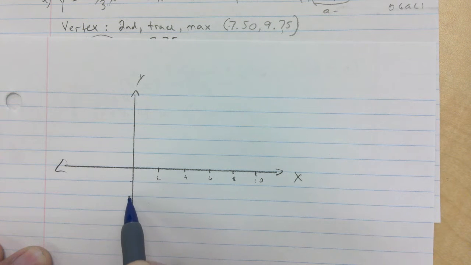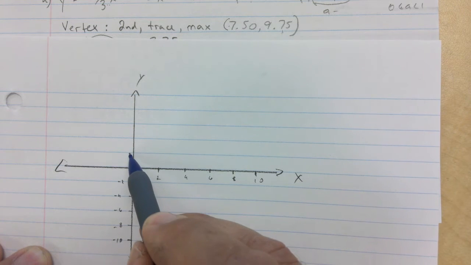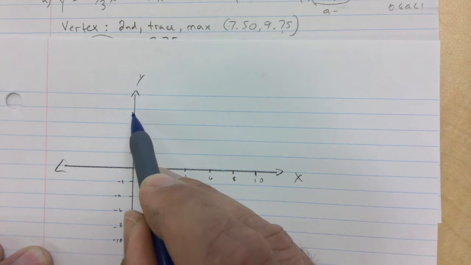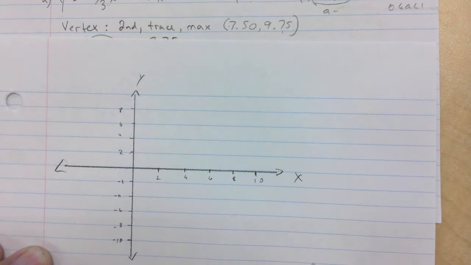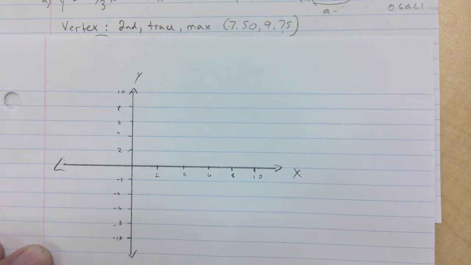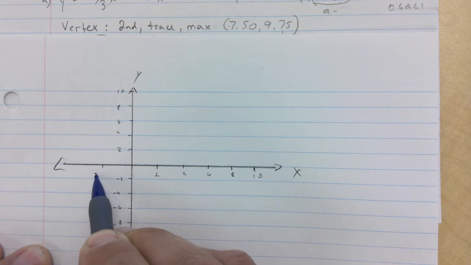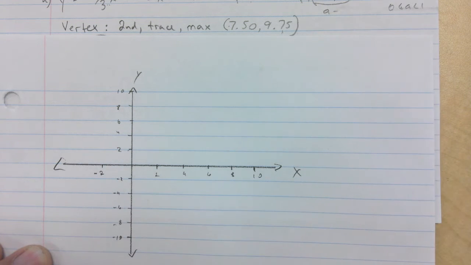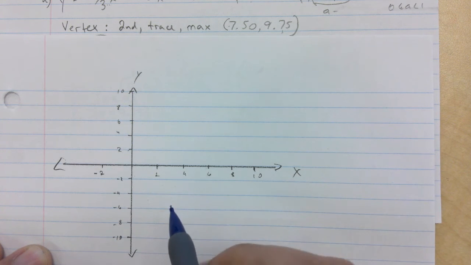So if I go 2, 4, 6, 8, 10, that should be fine, so -2, -4, -6. And you would use the same scale going this way, 2, 4, 6, 8, and I'm going to do one more here. This is 10, of course. And using the same space, I'm going -2 this way, just to keep consistent here and there.